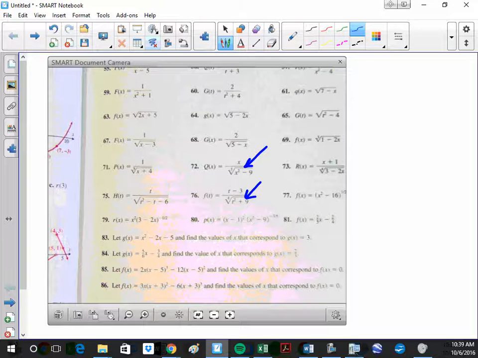And sometimes, let's say I had 1 over x squared plus 1. When does the denominator equal 0? Negative 1 squared is 1, and 1 plus 1 is 2. When does x squared plus 1 equal 0?